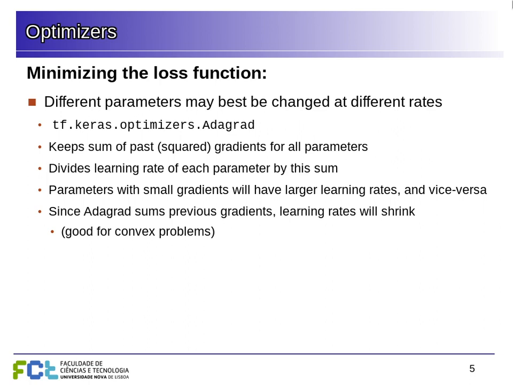So Adagrad keeps the sum of the squares of the gradient. The square of the gradient gives you an idea of how large the gradient is, regardless of the direction, and it keeps this sum for all parameters. Then it divides the learning rate by this value for each parameter.